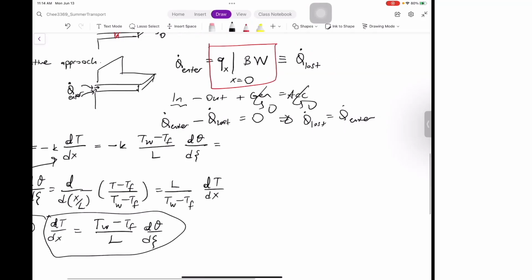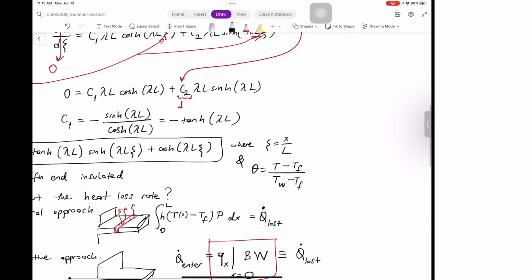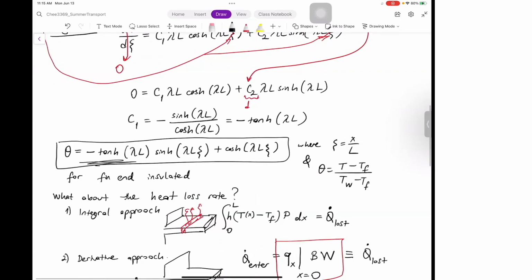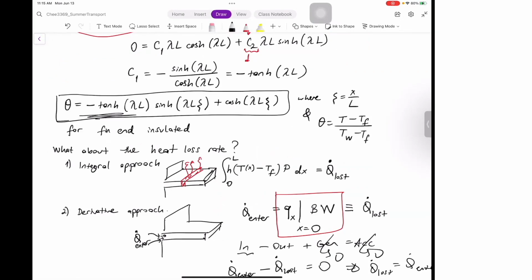You can find d theta over d psi by taking the derivative of this entire equation.